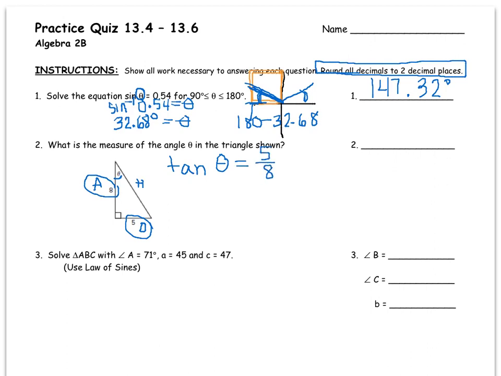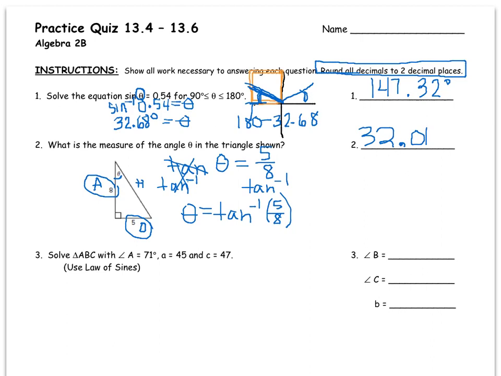To get theta alone, I have to do the inverse tangent on both sides to make this cancel out. So theta equals the inverse tangent of 5/8. If you put that in your calculator and round it, you'll get 32.01. And this is an angle, so we put our degrees sign with it.